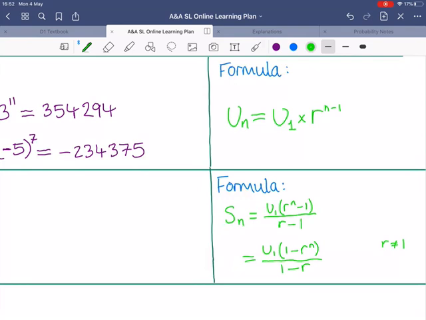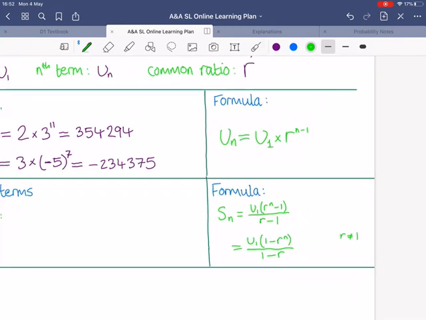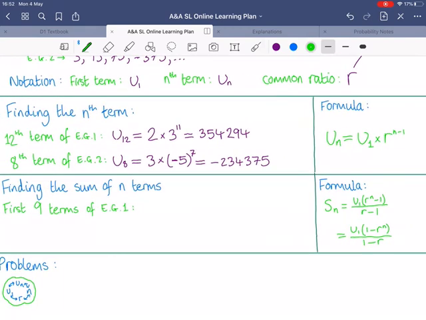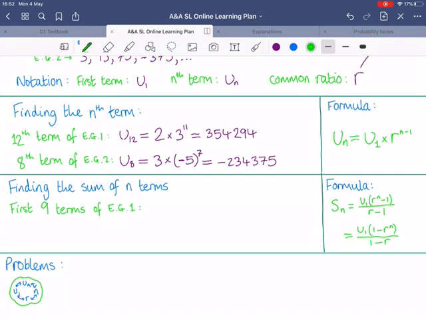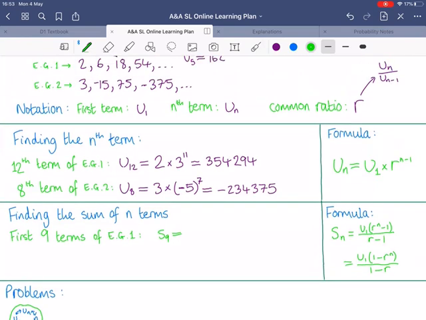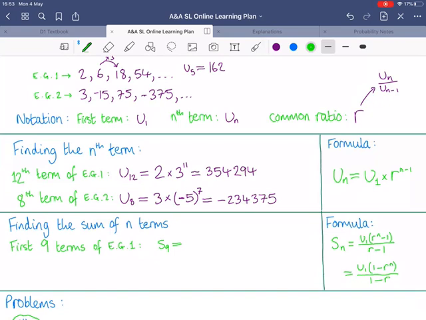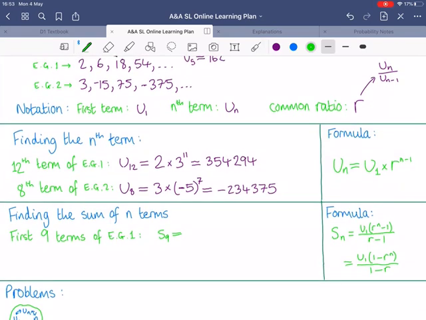Okay, as you would expect, to find the sum of n terms, you just do u1 times r to the power of n minus 1, all over r minus 1. So if I wanted to find the sum of the first 9 terms of the first example, it'd be very impractical to work out the first 9 terms and add them up.